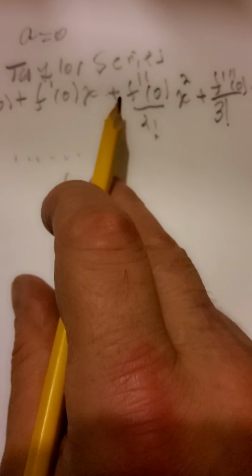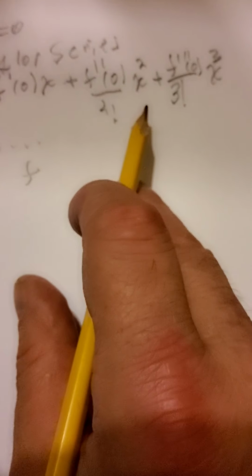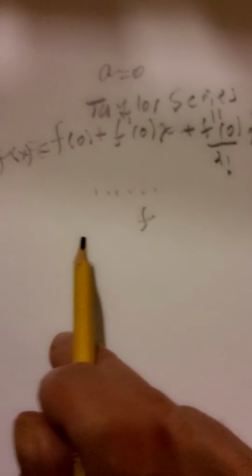This is the Taylor series, so I can do that. f of x equals f of 0 plus f prime of 0 times x plus f double prime of 0 over 2 factorial times x squared plus f triple prime of 0 over 3 factorial times x cubed.